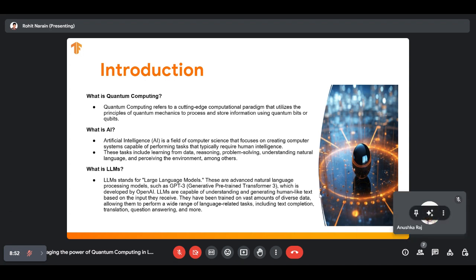The next thing is about AI. AI is a field of computer science which provides human-like intelligence to the machine, so that the machine can perform tasks by itself without the need of any human intervention. Nowadays you have seen a lot of things like self-driving cars, driving by themselves without the need of any driver.